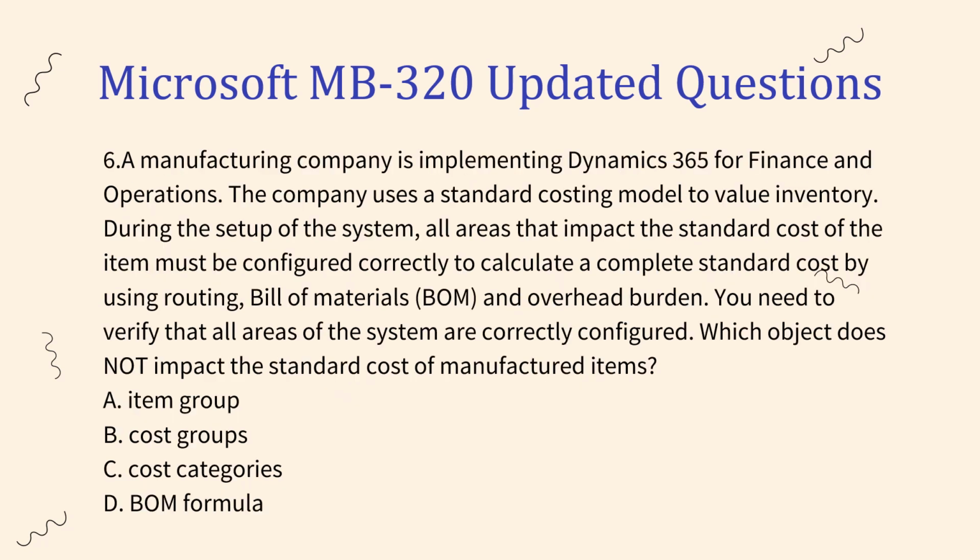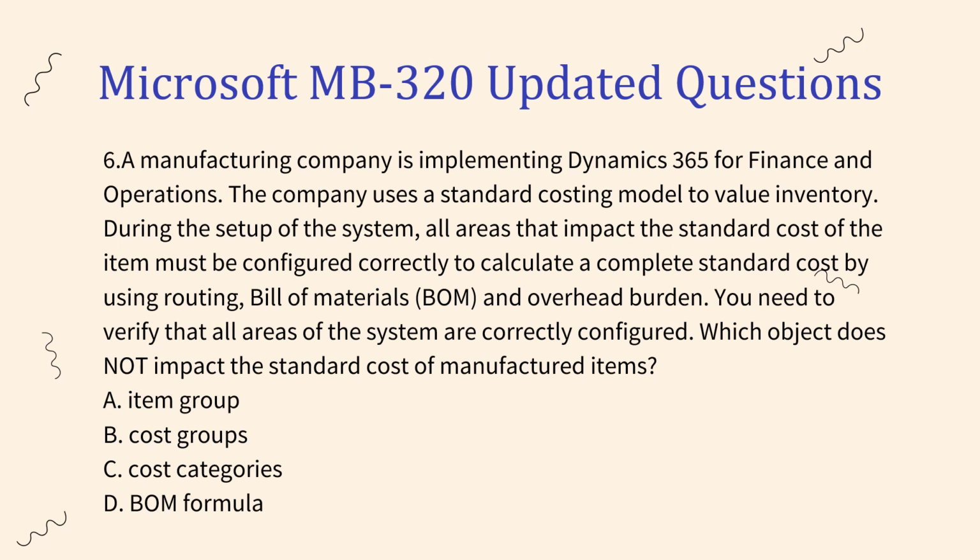6. A manufacturing company is implementing Dynamics 365 for finance and operations. The company uses a standard costing model to value inventory. During the setup of the system, all areas that impact the standard cost of the item must be configured correctly to calculate a complete standard cost by using routing, bill of materials, BOM, and overhead burden.